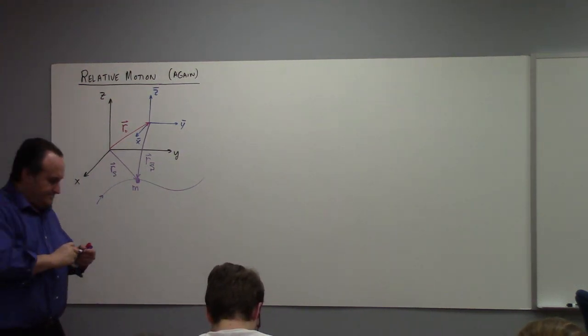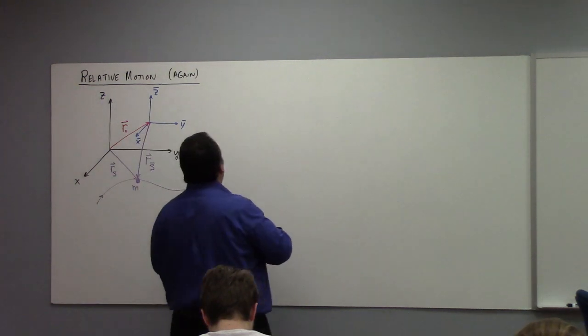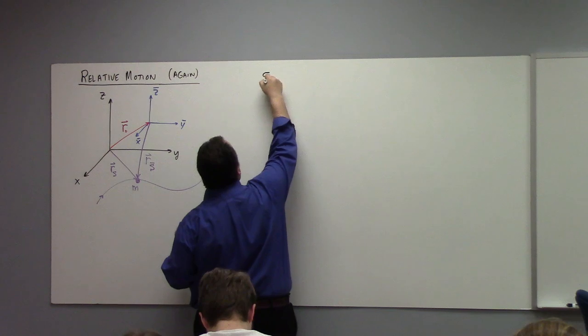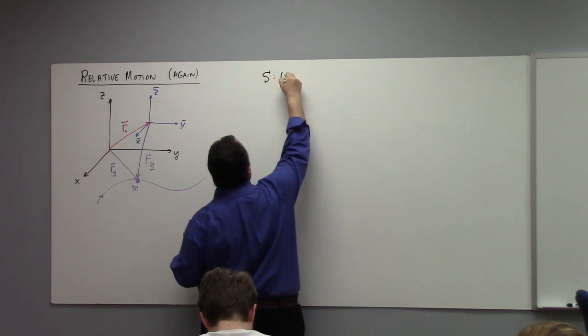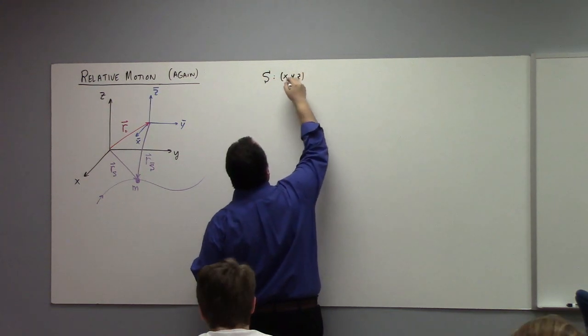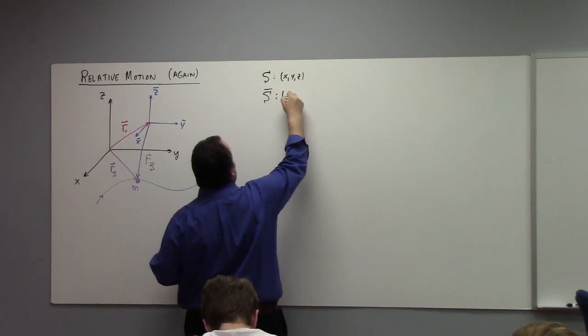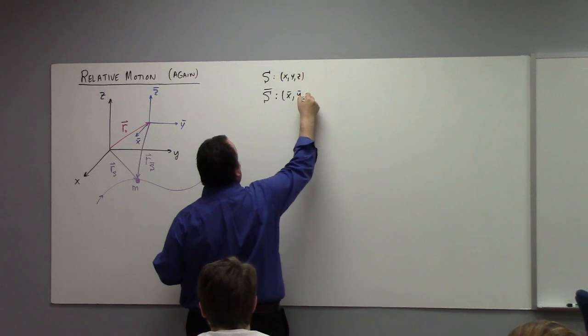So I'm saying there are two coordinate systems. On the one hand, I have S, which has Cartesian coordinates x, y, z. On the other hand, I have my moving frame of reference, S bar, which has coordinates x bar, y bar, z bar.